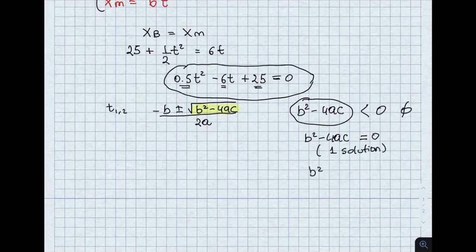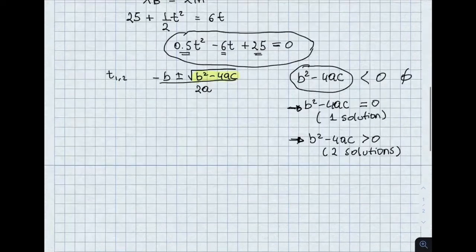And if b squared minus 4ac is greater than 0, you have two solutions. So we need one of these two scenarios. If we get them, then the man is able to catch the bus. But if it's negative, then there's no solution.